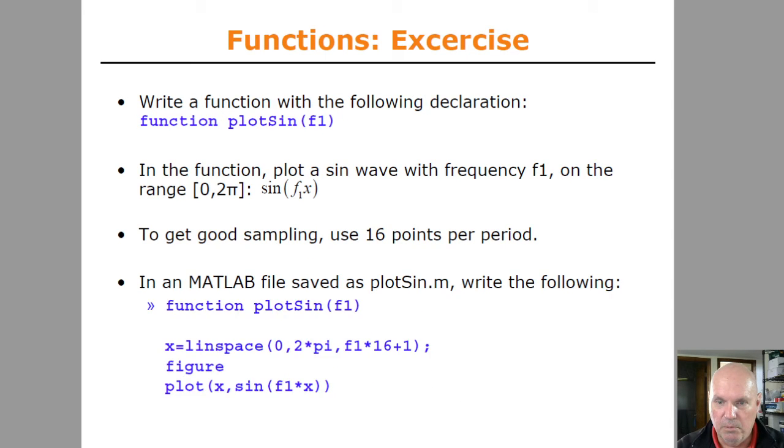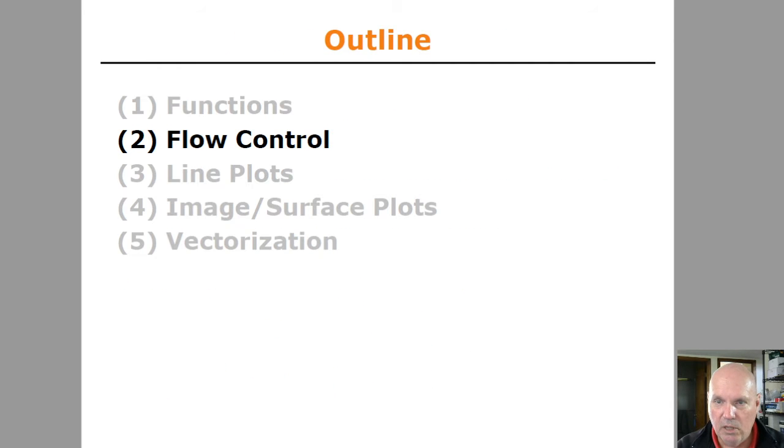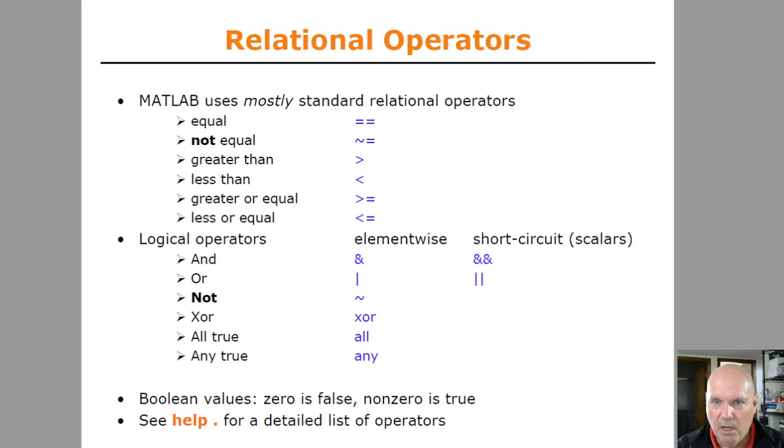Okay, so let's look at a little bit more with programming. In any programming language, you have the ability to make comparisons between 2 different variables to see, for example, if one numeric value is less than another or greater than another, you can compare them for equality.